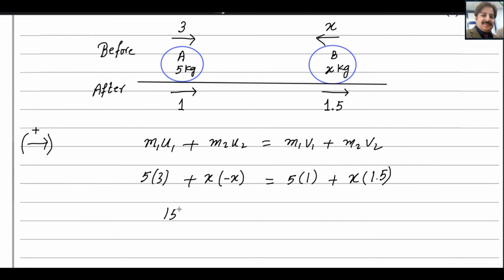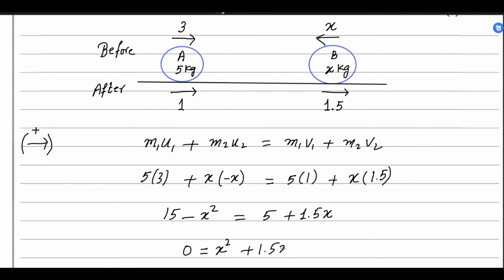It will be 15 minus x squared equals 5 plus 1.5x. Now take these two values to the right side, it will be a quadratic equation for sure. x squared will come positive and 1.5x is already there, and 5 minus 15 will be negative 10.